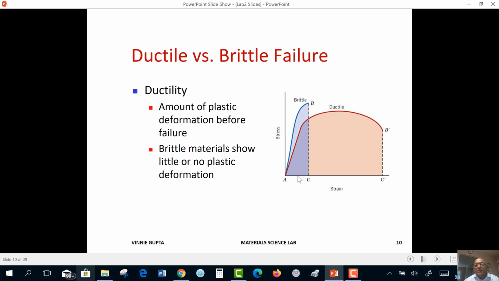You can see the red curve material has much higher ductility than the blue curve material. So we say the blue curve material is brittle and the red curve material is ductile. Ductile materials show a lot of plastic deformation before they fail. Brittle material, practically none.